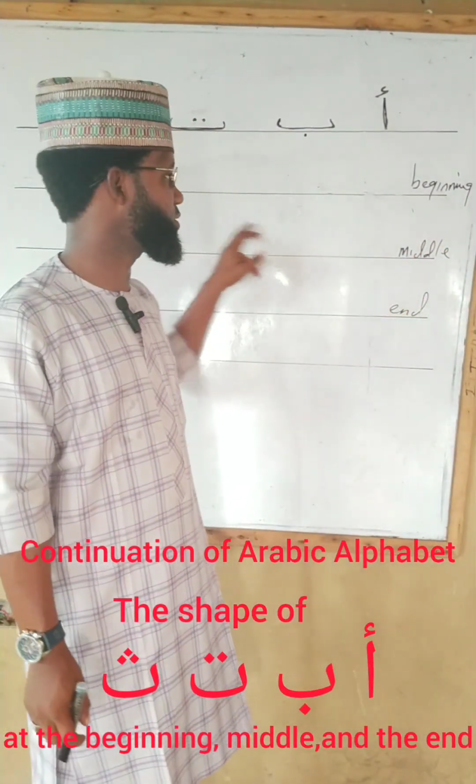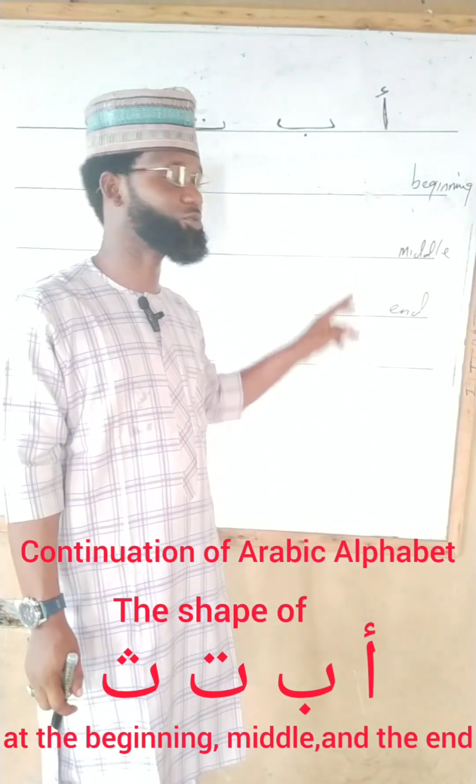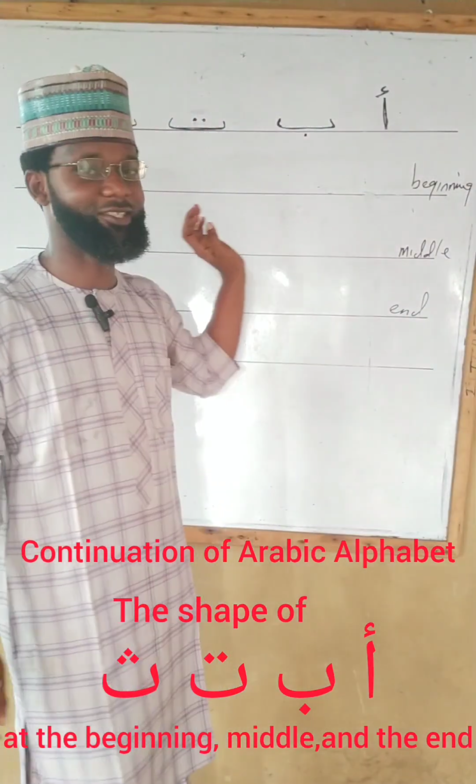Middle, the middle of a word, the way you are going to write them. Then end, the ending of a word, how you are going to write these 4 letters.